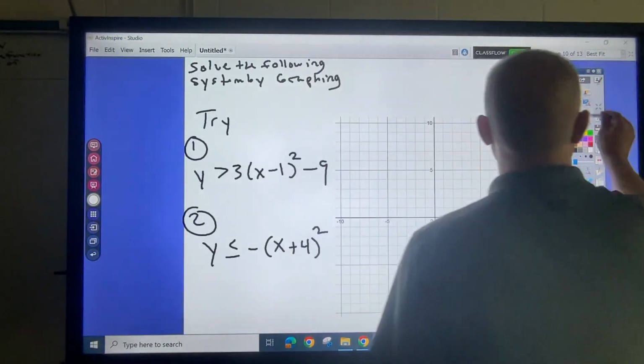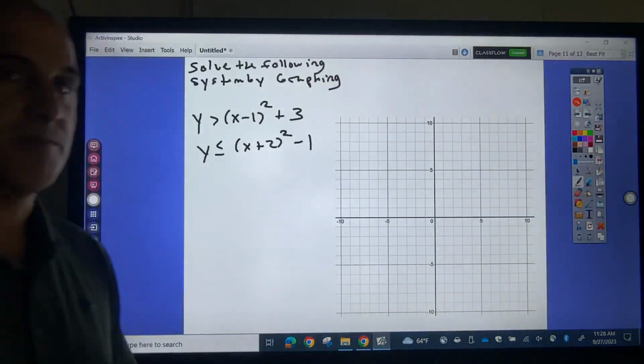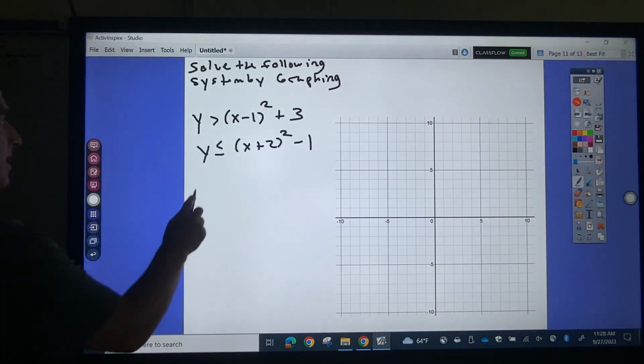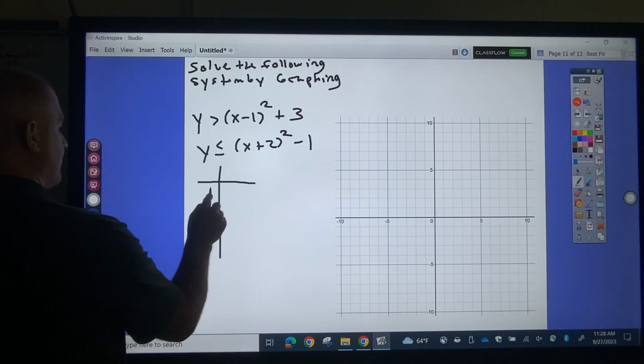All right, now, a system of these. What you want to do is make 2 quadratic graphs.